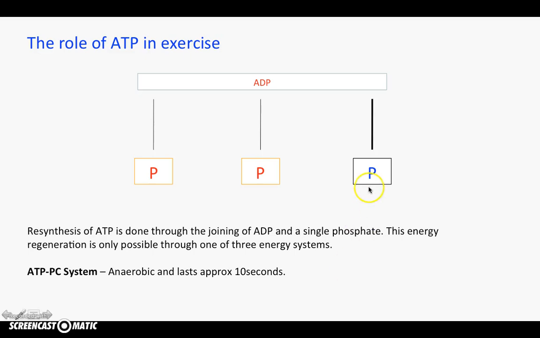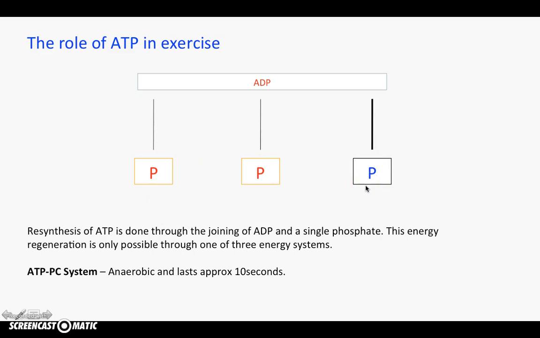So what's happened is, if we just quickly recap, we've had ATP, we've needed energy, therefore ATPase comes along, takes away a phosphate, and we've created energy. We are left with ADP. We need to get our ATP stores back up high. Therefore, what happens is it's resynthesized through the joining of ADP and a phosphate.